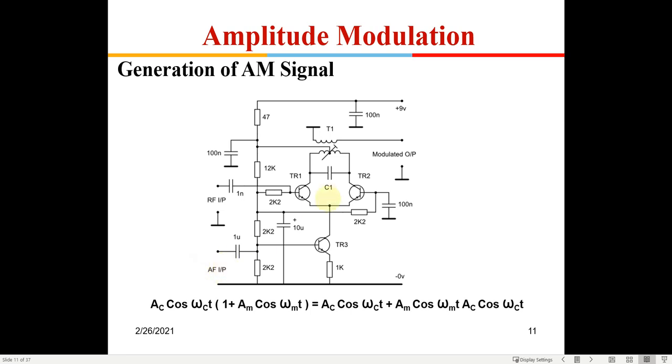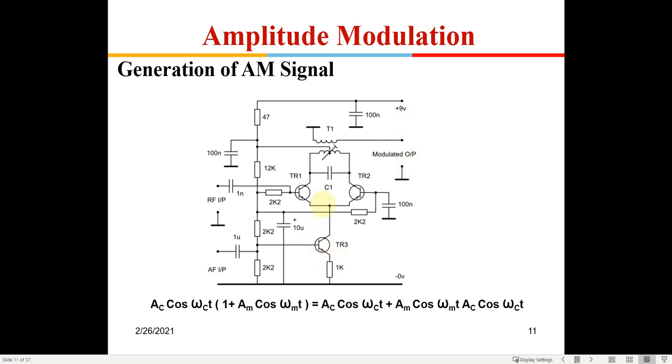The modulating signal essentially changes the gain of this amplifier. This is a differential amplifier, and you have two resistances here because you are tuning it to the required frequencies. You don't want spurious signals here, so this will tune it only to the required frequency, whatever the carrier frequency is, and that frequency will be picked up at the output.